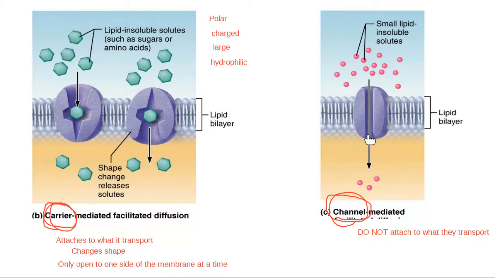When stuff moves through, it's going from the outside, where we're open, to the inside, where we're open. So a channel protein is open on both sides of the membrane. Now, we're going to talk about different kinds of channels, because sometimes a channel can have a block or can have a gate on top of it that makes it so that it's not open.